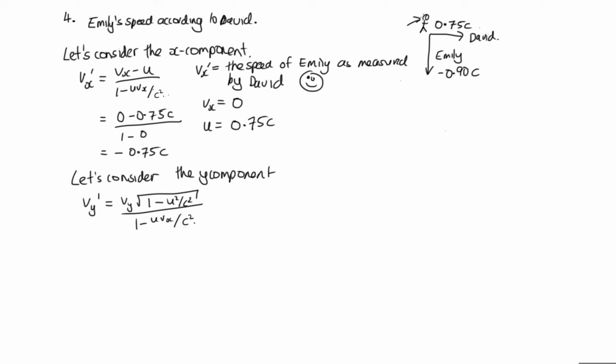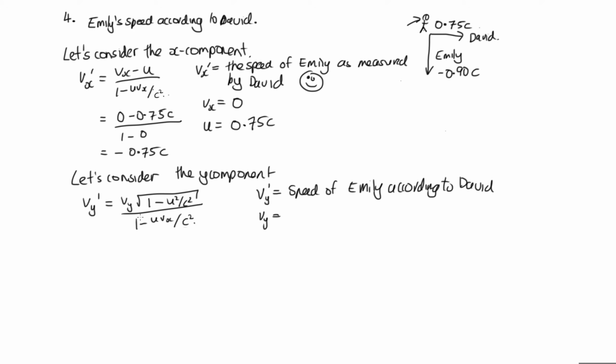Again, we're moving from this stationary frame to David's frame. So vy prime is the speed of Emily as measured by David, the speed of Emily according to David.